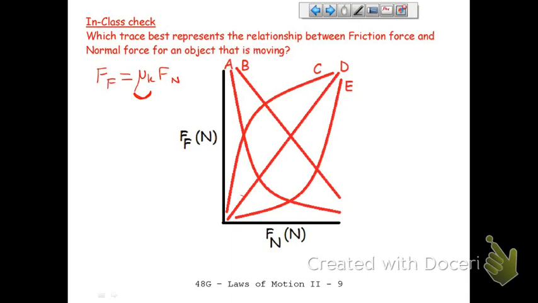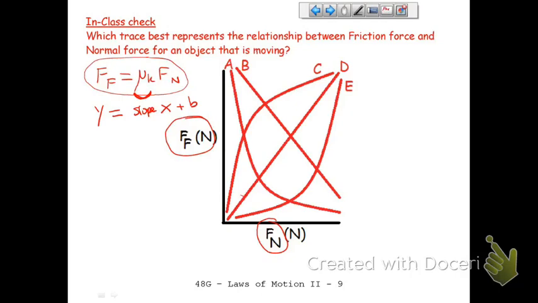So then I say, oh, I'm plotting Ff versus Fn. So that's like y is equal to, and that's x, well, that's slope, x plus b. What relationship is that in that graph? Is it inverse?